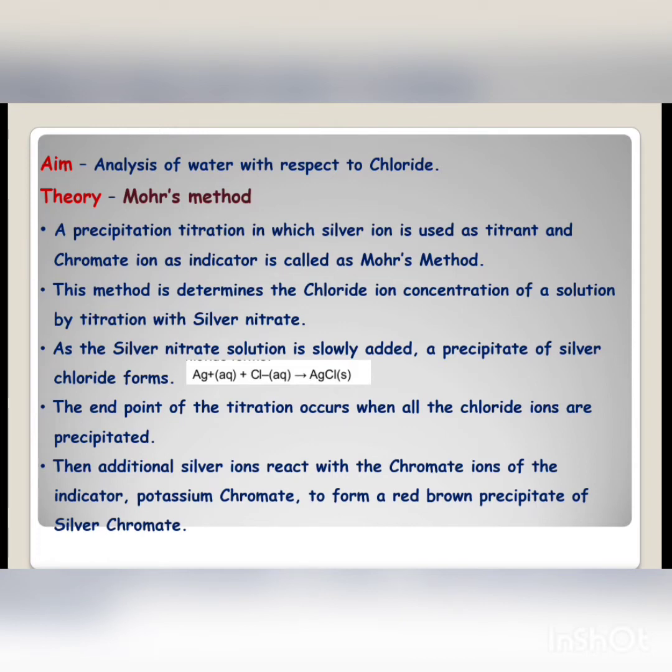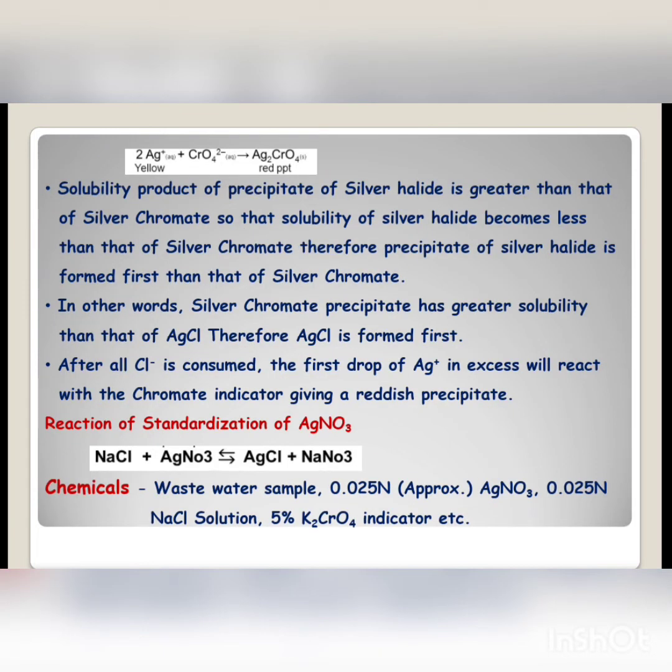In a conical flask we are going to take chloride ions, and from the burette we are going to add silver nitrate solution drop wise into the chloride ion solution, so that there will be a formation of silver chloride white precipitate.